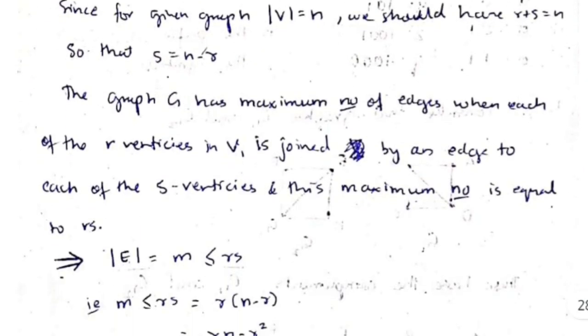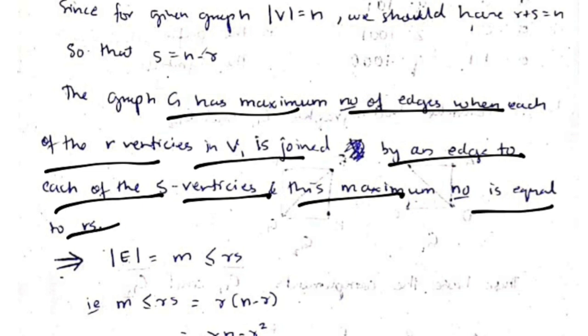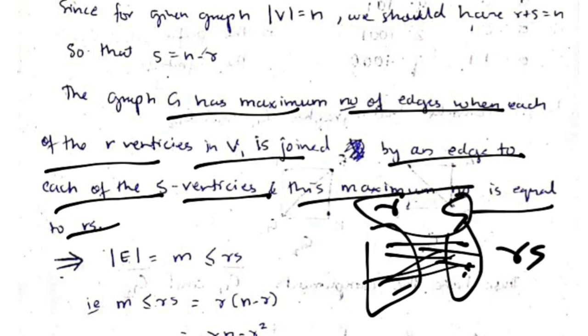Now the graph G has the maximum number of edges when each of the R vertices of V1 is joined by an edge to the S vertices of V2. This maximum number is equal to RS. See, if we have to connect all these vertices here, with R here and S here, the total number is RS.